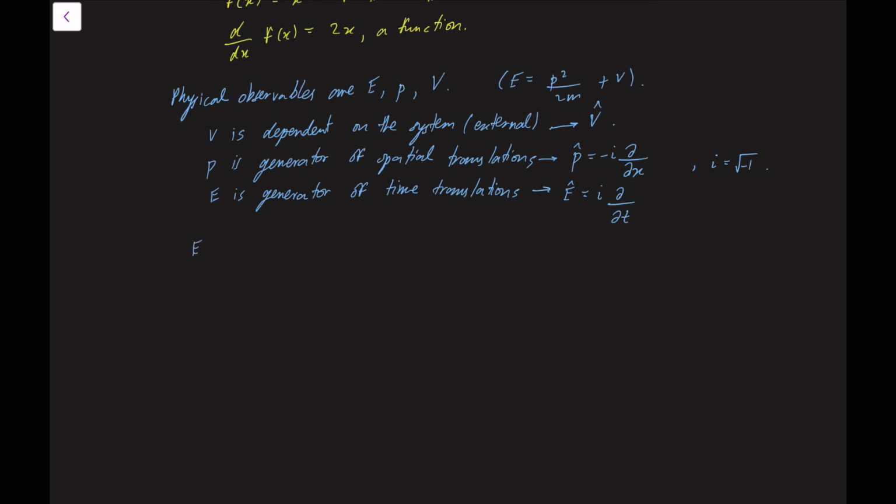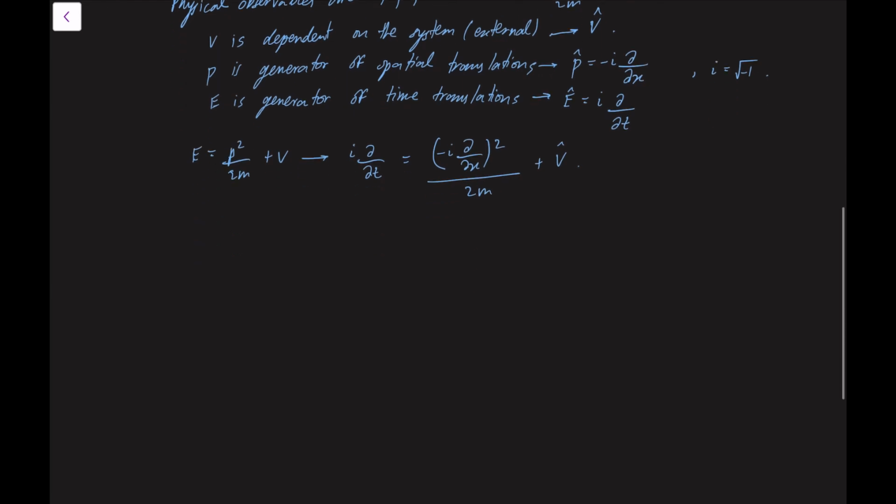Now we can substitute these into E equals P squared over 2M plus V to get i d by dt, that's the E term, is equal to P squared gives us negative i d by dx squared over 2m plus V hat, where the hat just means it's an operator V. We can simplify this to get i d by dt equals negative d squared by dx squared over 2m plus V hat.